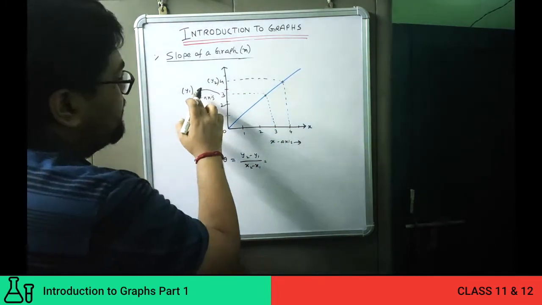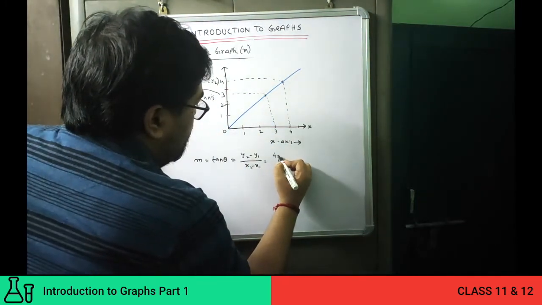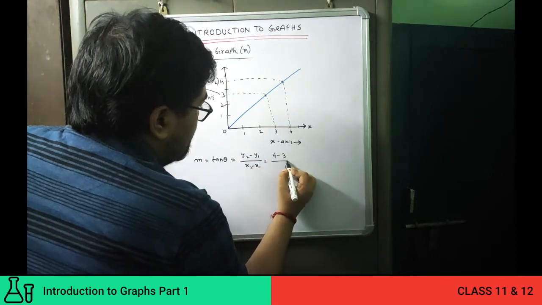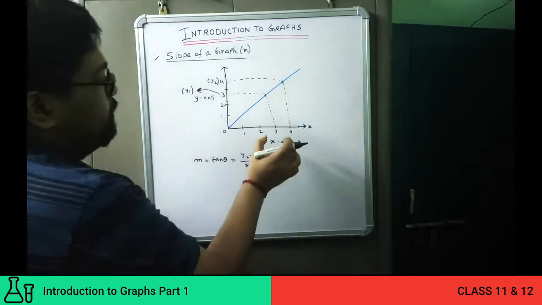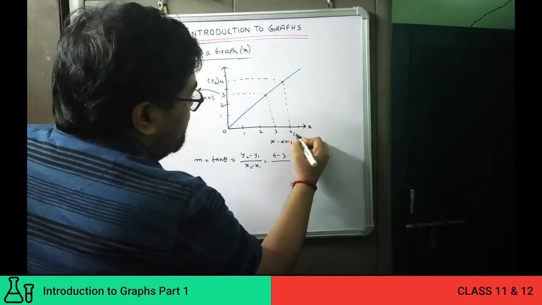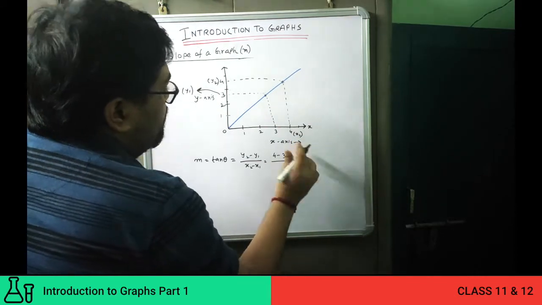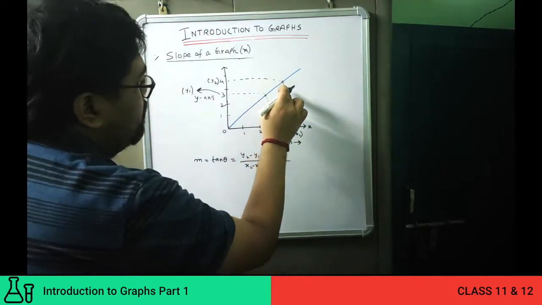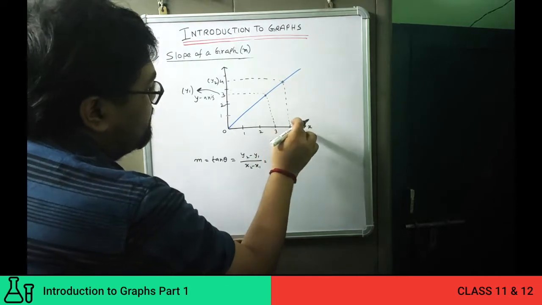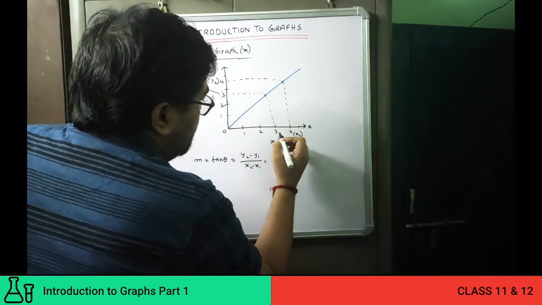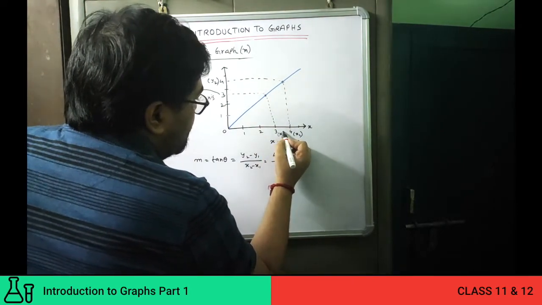So y2 minus y1, that means 4 minus 3, divided by, now in the x-axis, this point represents x2, as this point is y2, so its corresponding x-axis coordinate will be x2 and this will be x1.